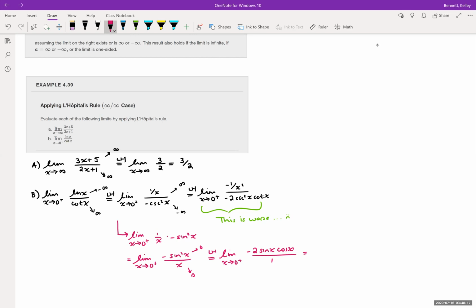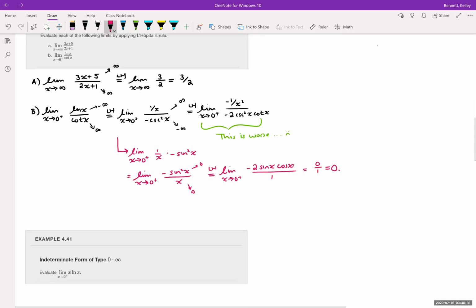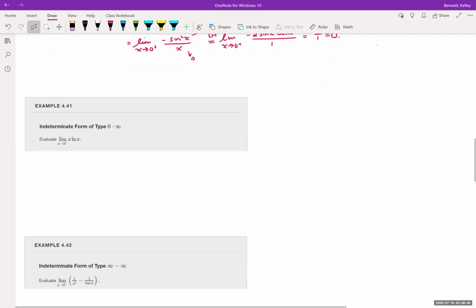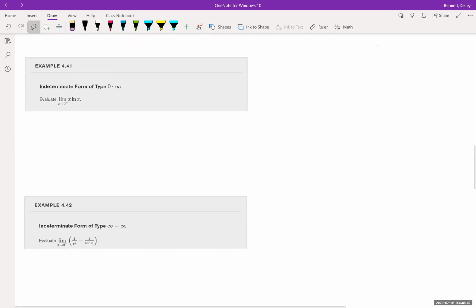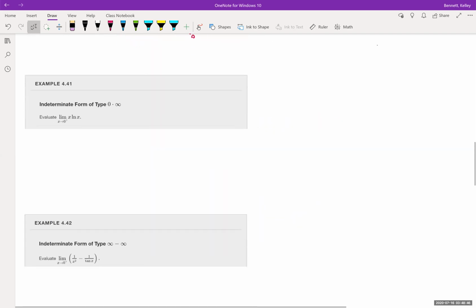And as x goes to 0, this will become 0 over 1, which is 0. Right, okay, sorry. I'm just making sure I'm doing this in the right order.